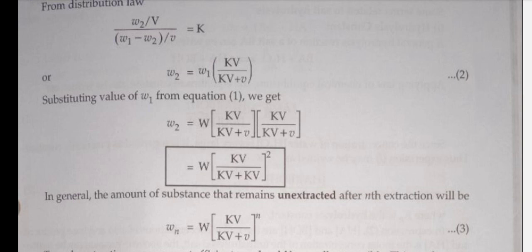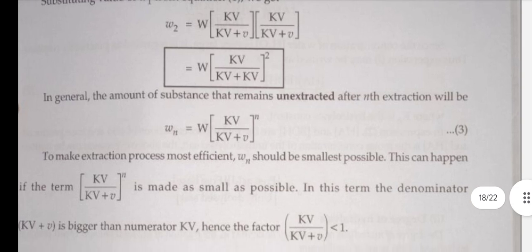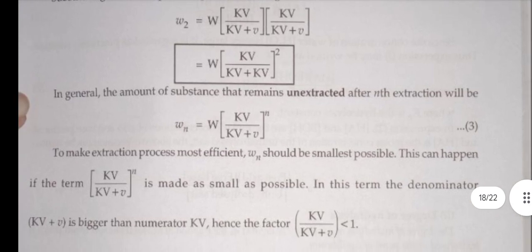In general, the amount of substance that remains unextracted after the nth extraction will be Wn is equal to W into (KV upon (KV plus V)) to the power n. To make the extraction process most efficient, Wn should be the smallest possible.